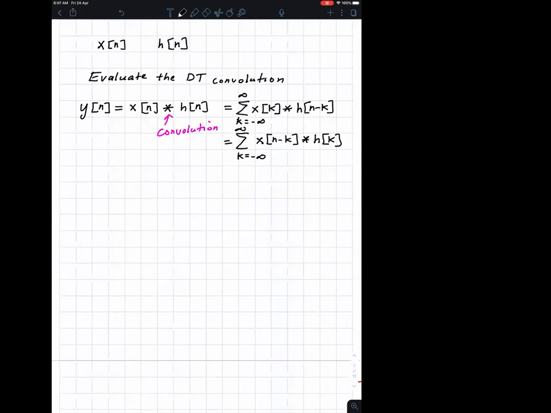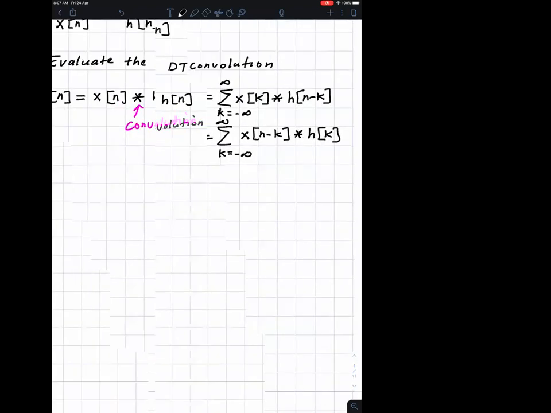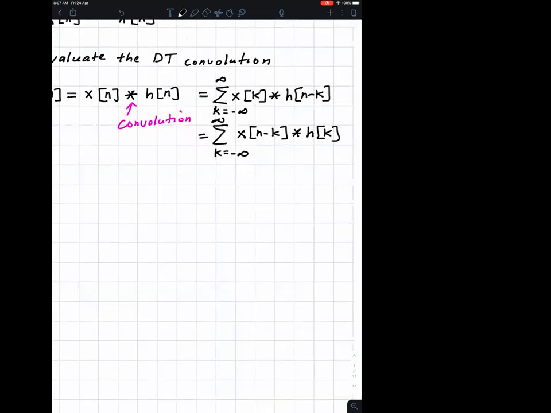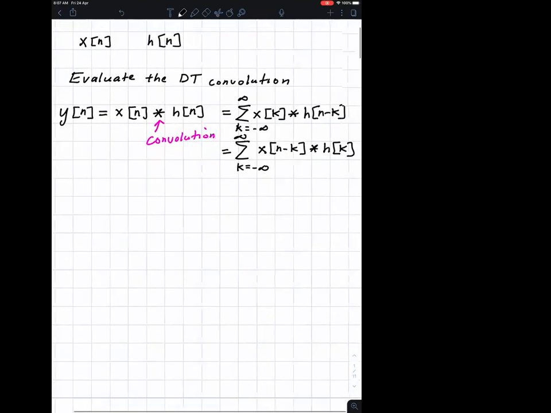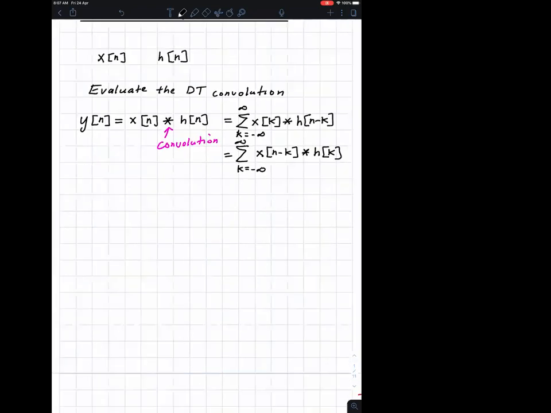Either you replace the n in the x signal with k and the other one with n minus k, or you replace the n in the x signal with n minus k, and the other one with just k. So both are the same thing. Now let's look at an example.